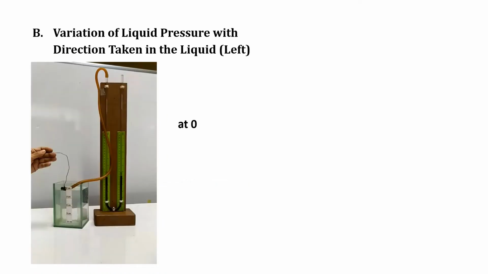Now the variation of liquid pressure with the direction taken in the liquid, and the direction is to the left. So note that the probe is bent to the left and at 0 centimeter mark position. Always remember, you can pause the video if you need more time for reading the column of water in the manometer.